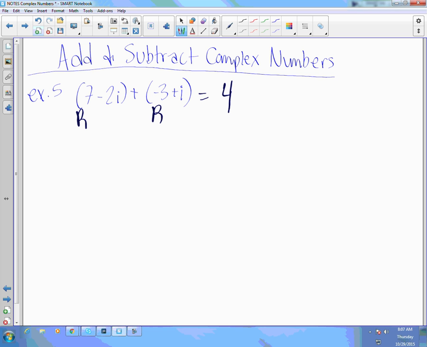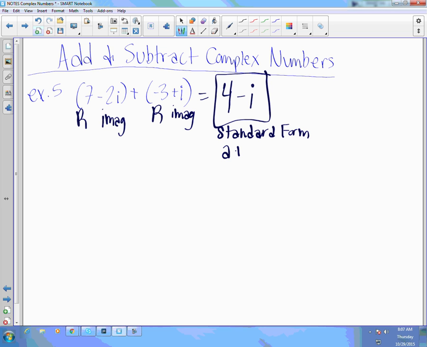The imaginary pieces. Imaginary plus imaginary. Negative 2 ice creams plus 1 ice cream. What's that? Negative 1 ice cream. So you can put the 1, but we don't usually do that. Next is standard form. So standard form looks a little different than we're used to because the variable i is last. Because we have the real piece first and then your imaginary piece second.